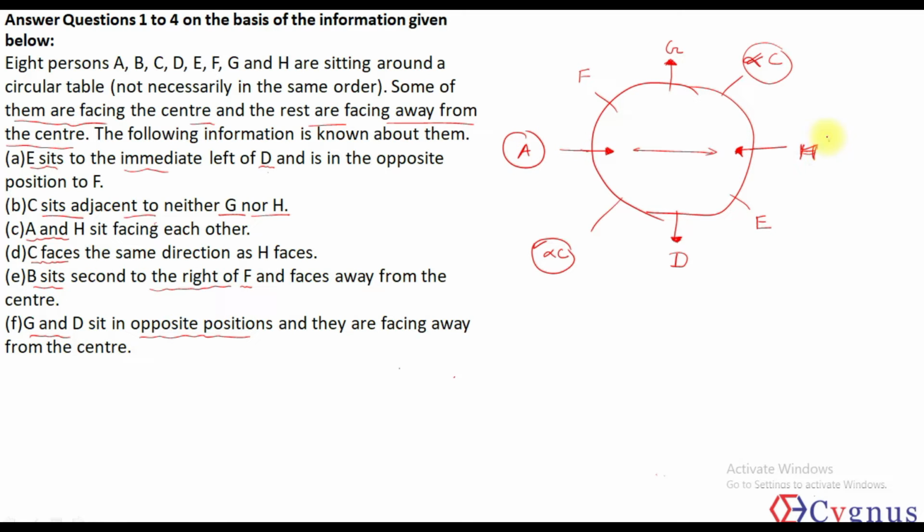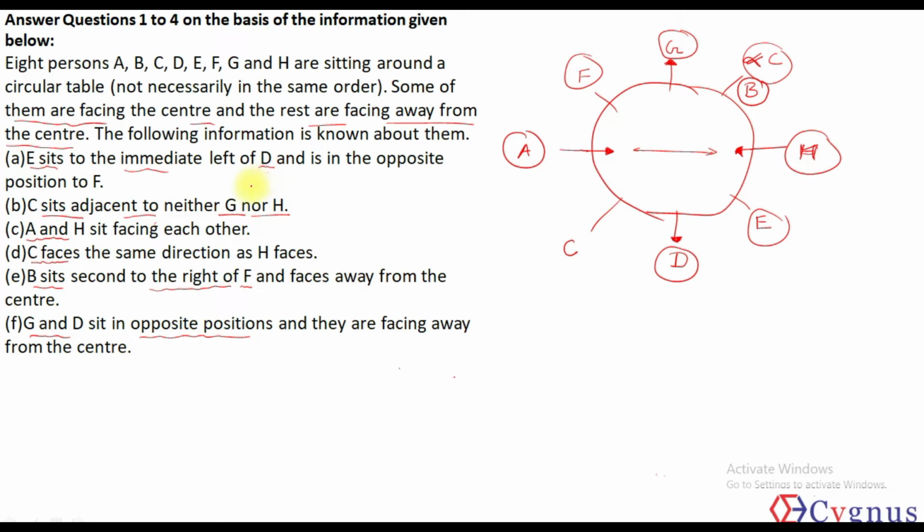A, H, G, D, E and F. Now 2 seats are left for me, this one and this one. Yes or no? And I know that C cannot sit adjacent to whom? G and H. There is only one possible case left for C. I'll put C here. Now who's left? Only B. So B will take this place.